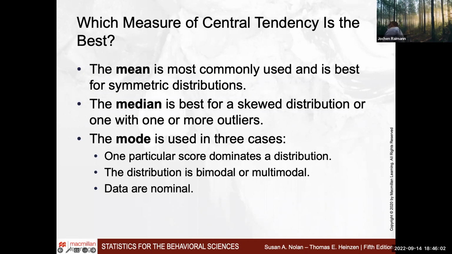One reason would be if you have one particular score that is occurring most often for a good reason. Secondly, if you want to characterize your distribution, but then you look at it visually and you say, okay, this is a bimodal distribution as opposed to a multimodal distribution. And the third reason is when you have nominal data.